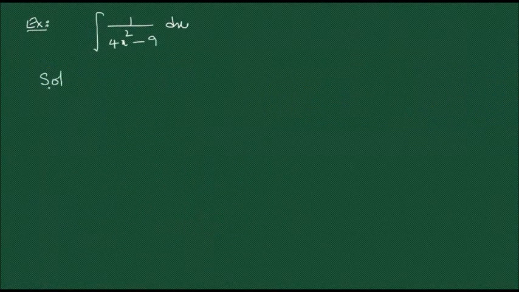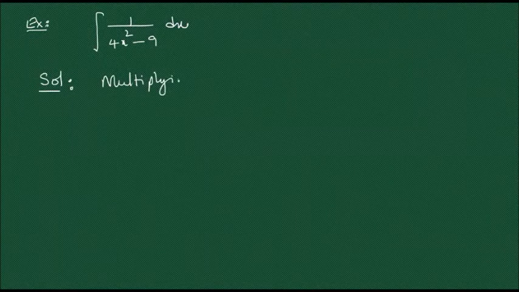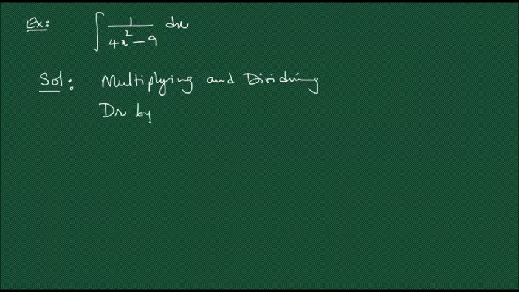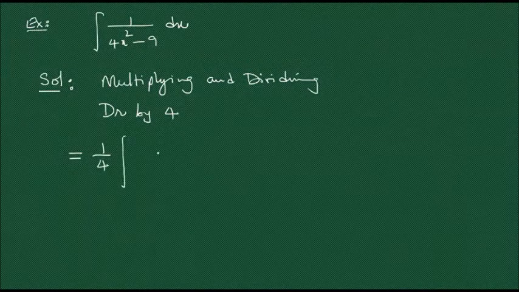In this problem, I am eliminating this 4. In order to eliminate the 4, I am multiplying and dividing the denominator by 4, and what happens? 1 by 4 comes outside.